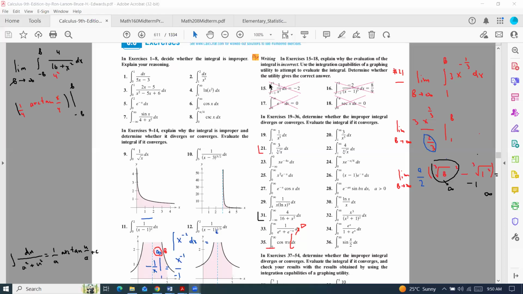So if I recall the graph of function arctangent, so tangent goes like that, and arctangent is having horizontal asymptotes, pi over 2.